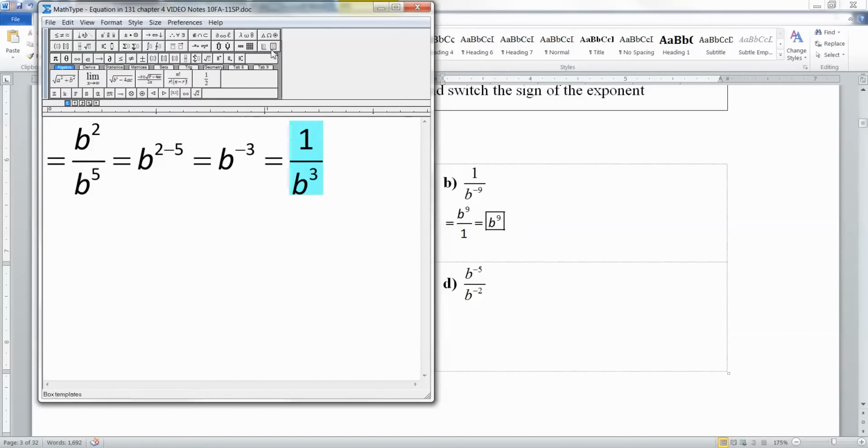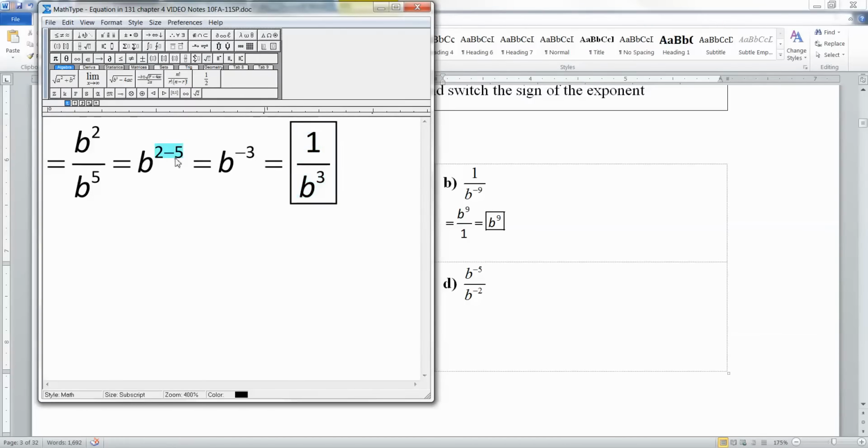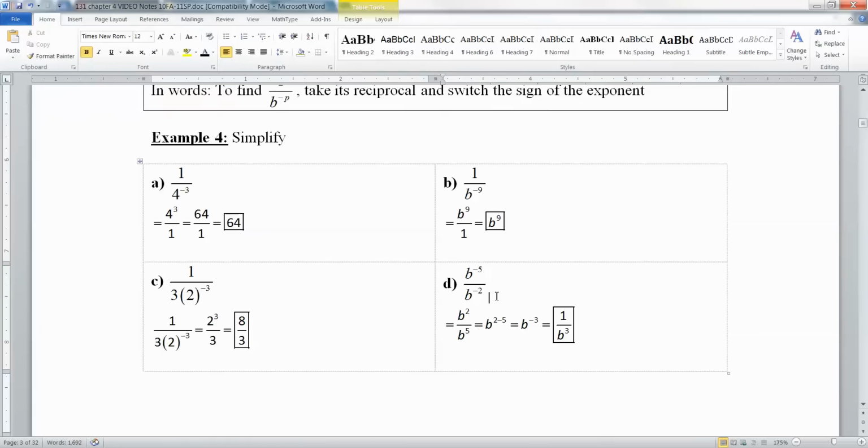Now, some students don't really like the subtraction method because it requires this kind of extra step. So they just want to look at it and go, oh, wait, I have 2 b's up here, 5 b's down here. I divide and that leaves me 3 left over in the denominator. That's a-okay as long as your powers are positive. Where students get into trouble is they'll start trying to use that technique when they're both negative, and that will not work, right?